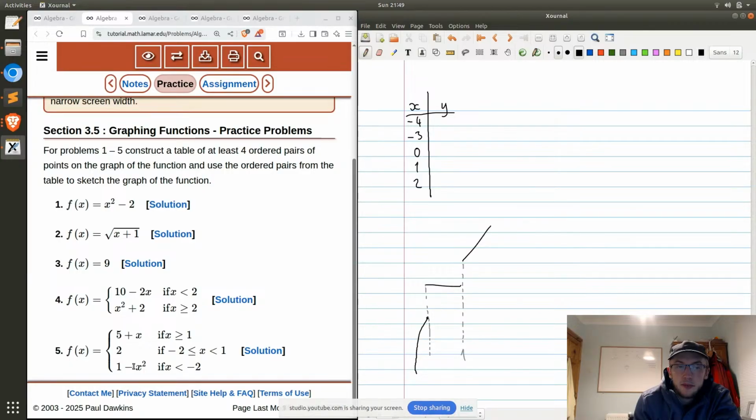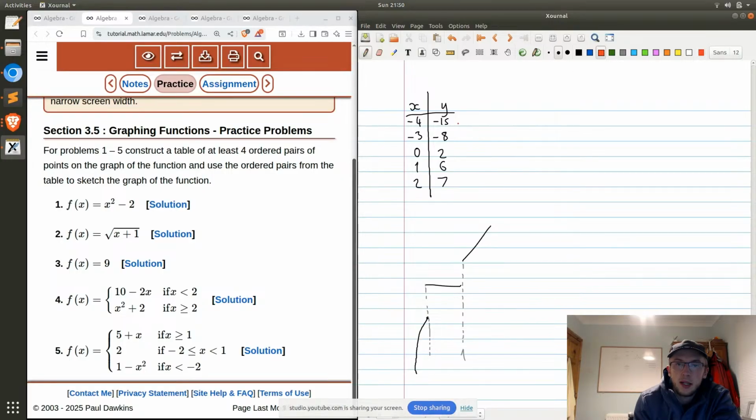When I input -4 into there, I get 1 minus the square of -4, which is 1 minus 16, which is -15. When I input -3, I get 1 minus the square of -3, which is 1 minus 9, which is -8. And for here, I know that I get 2. And for here, I just simply have to add 5 onto the input. So that will be 6, and that will be 7.